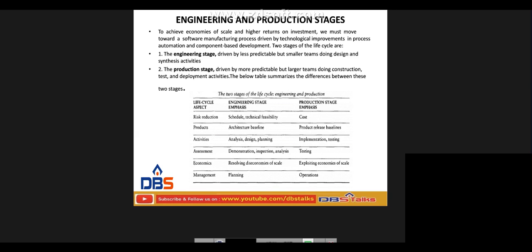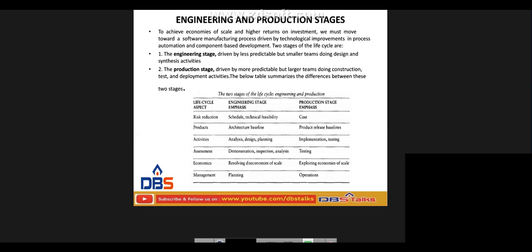For the products, the engineering stage is based on the architecture baseline, and the production stage on the product release baselines. For activities, analysis, design and planning belong to the engineering stage, and implementation and testing belong to the production stage.